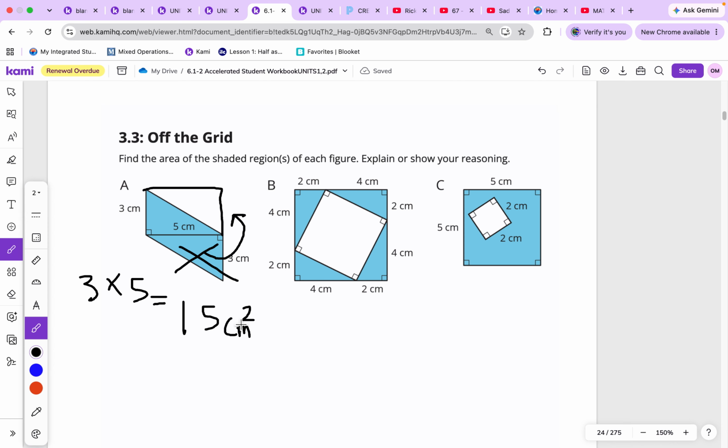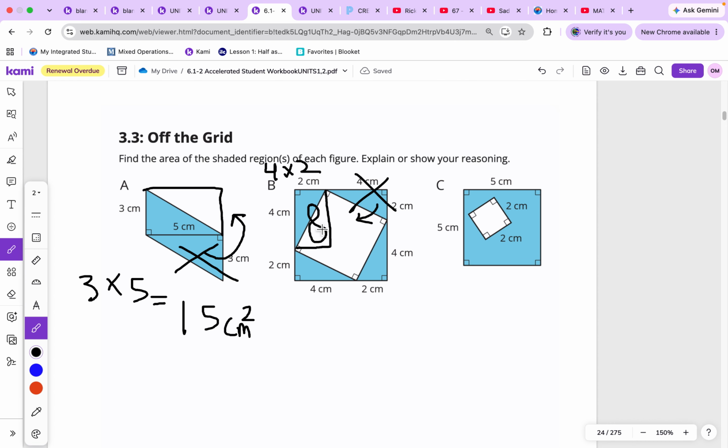So, square centimeter units. This one over here, just like the last problem, I can swing over this way, so it's right next to the blue one here. So now it's gone. Now it's a rectangle, 4 times 2. I would do 4 times 2, which is 8.